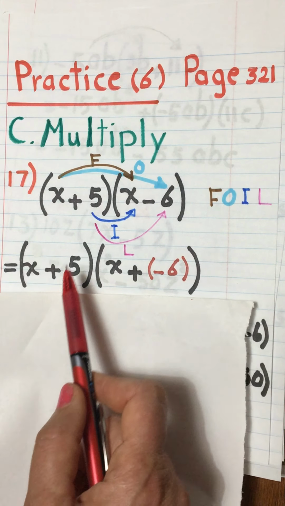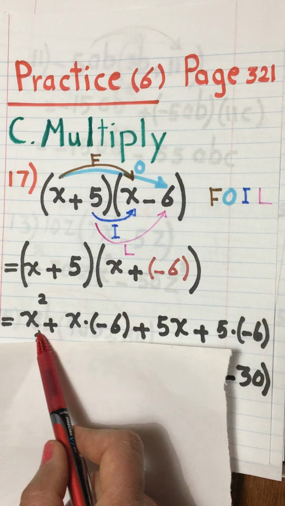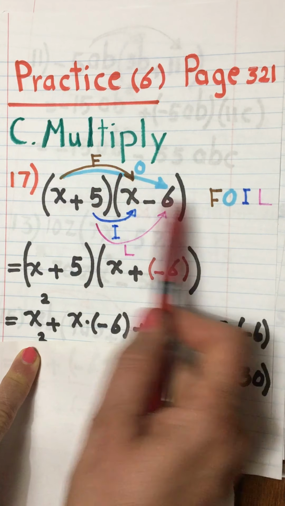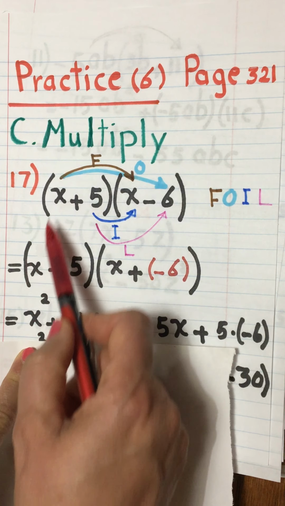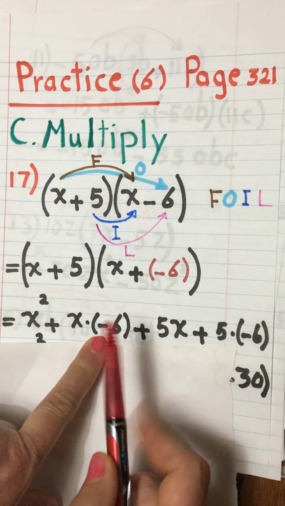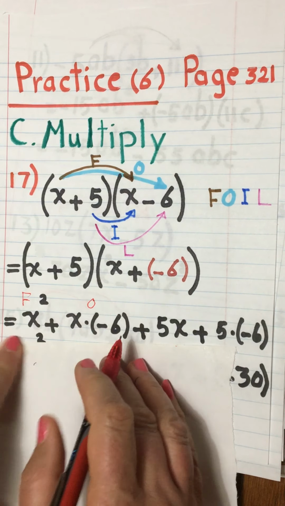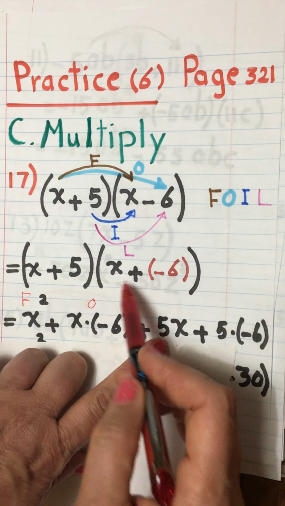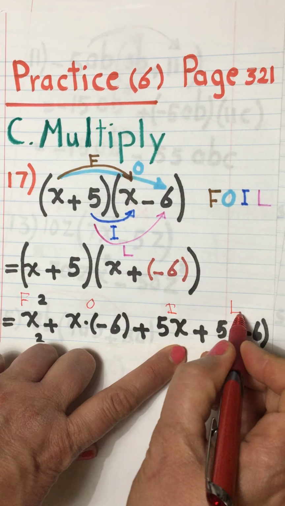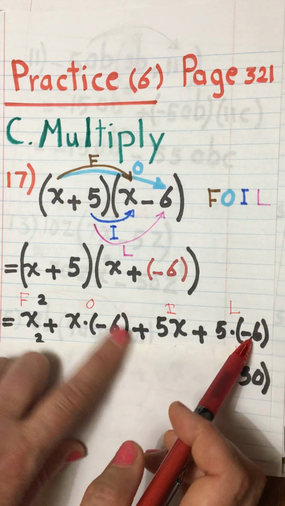So first, x times x, I can have x squared plus outside term, x times negative 6. So this is O. Inner terms, 5 times x. Last terms, 5 times negative 6.